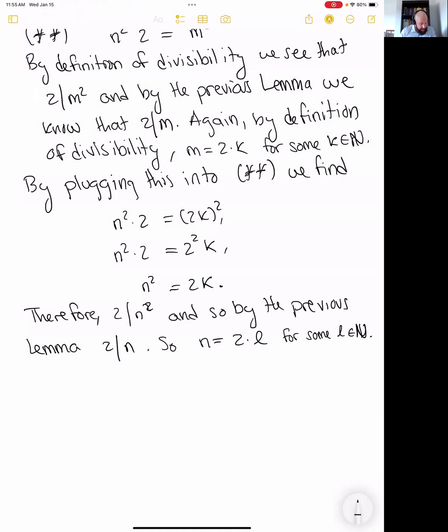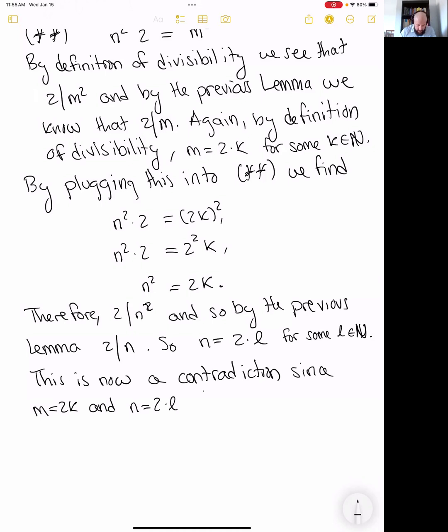Okay, but now this is a problem, right? This is now a contradiction, since m is equal to 2 times k and n is equal to 2 times L share a common factor of 2. But they were supposed to be in lowest form, right?